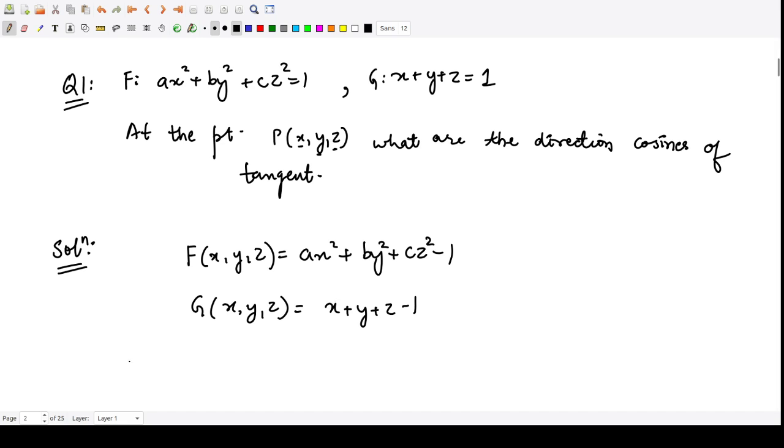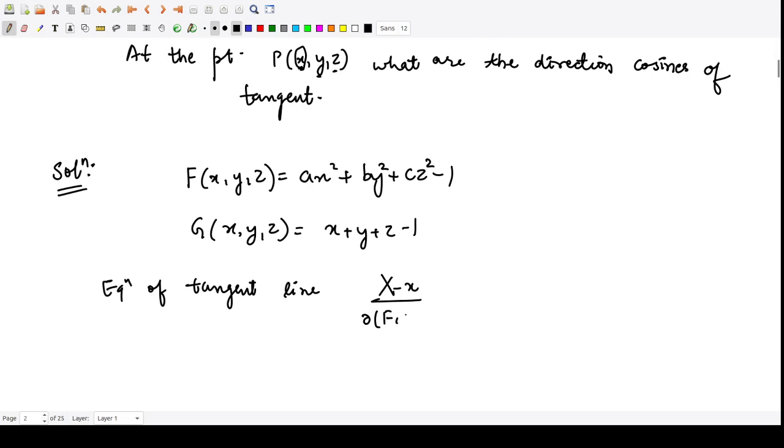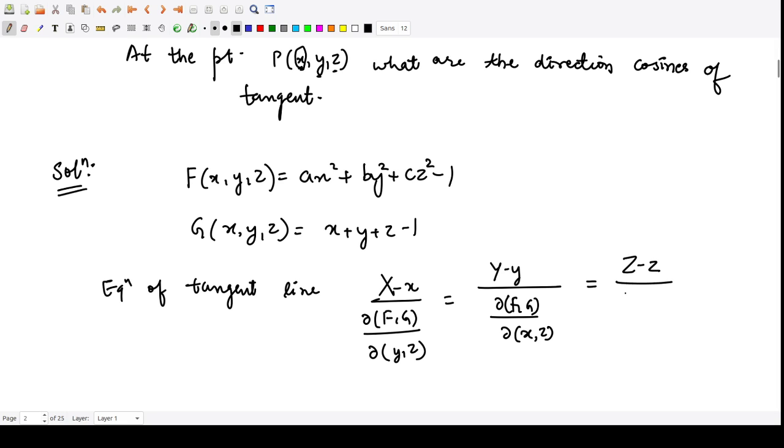So what would be the equation of the tangent line? According to the formula, (x − X), where the given point is (X, Y, Z), divided by the Jacobian of f and g with respect to yz, is equal to (y − Y) divided by the Jacobian of f and g with respect to x and z, is equal to (z − Z) divided by the Jacobian of f and g with respect to x and y.